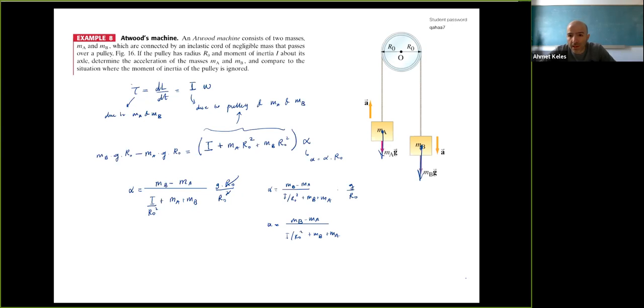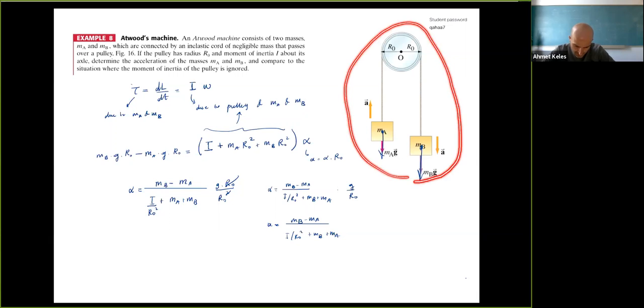Why didn't we use the tension in the rope in the equations? I used the tension, right? Of course you can go ahead and do the tension, but I just looked at the total system like this. So this is my system, and in my system, I am calculating the torque.